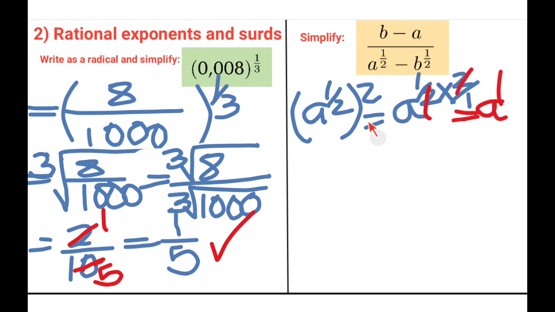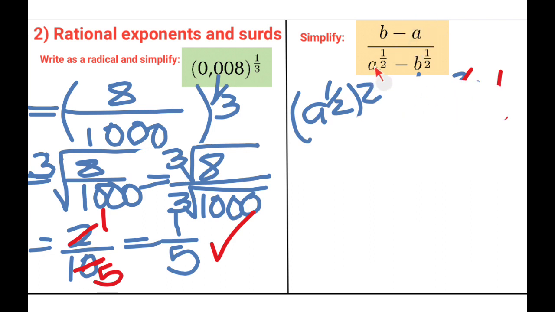So meaning that basically b is just the square of b to the power of half, and a is the square of a to the power of half. So this is what you do. You go, this is equal to, all right, you express the numerator as a difference of 2 squares.